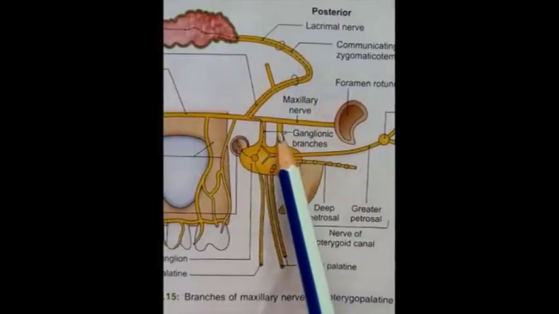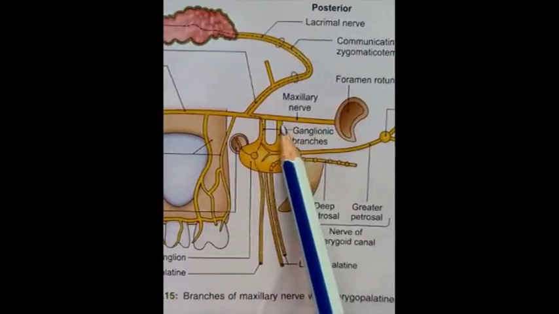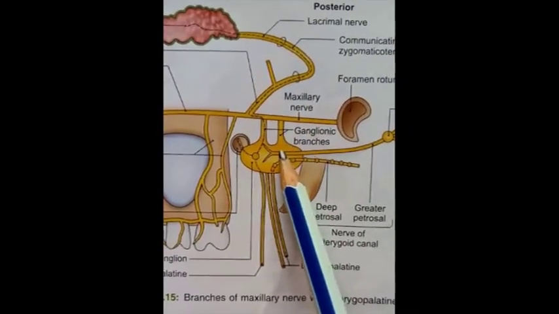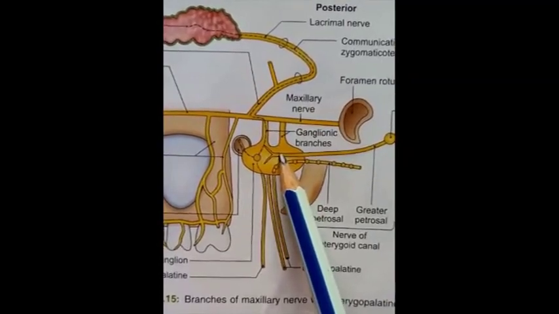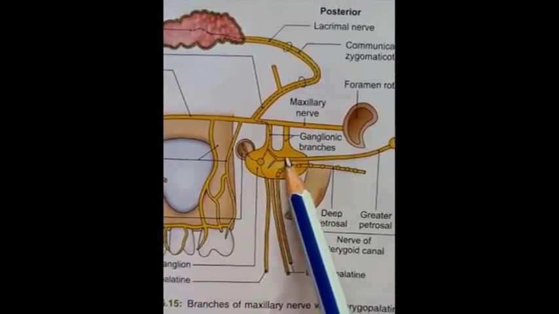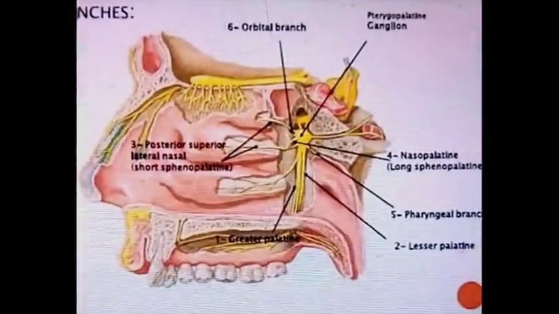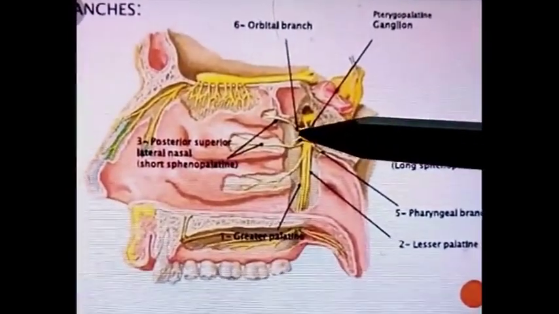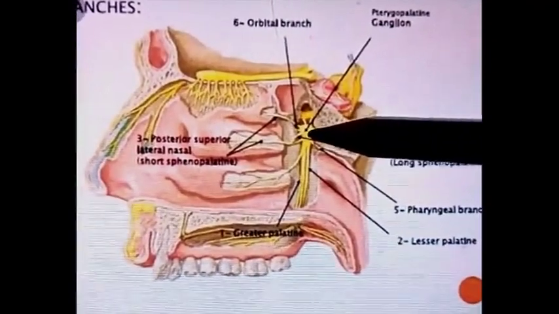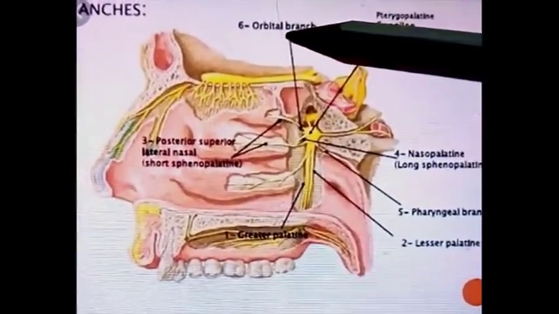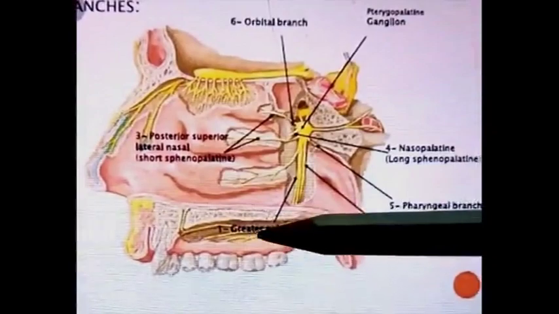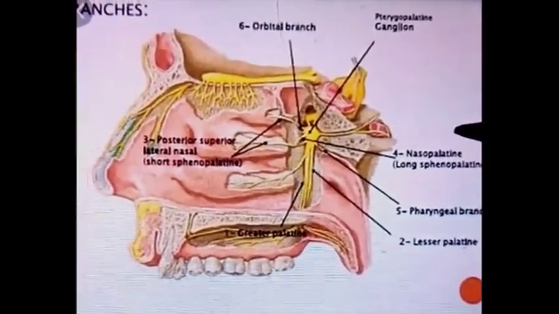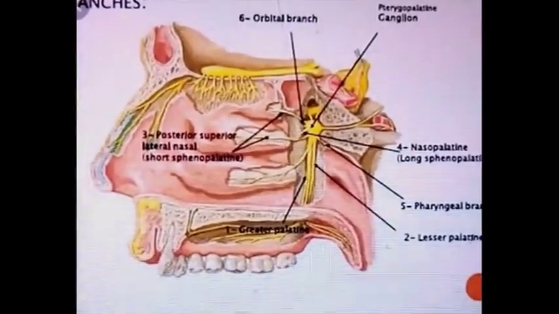The third is the sensory root, which arises from the maxillary nerve. So some fibers of the maxillary nerve enter the ganglion, and these fibers pass through the ganglion without any relay. Branches of the ganglion: the ganglion gives various branches for the supply of nearby structures, like orbital branches, nasal branches, palatine branches, pharyngeal branches, and lacrimal branches.